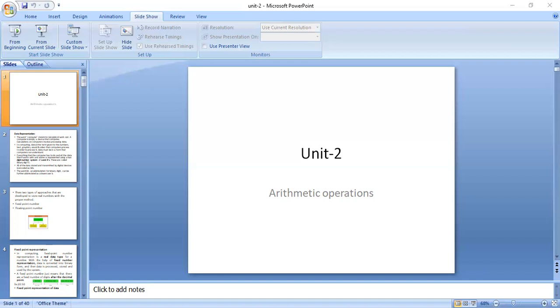Here the multiplicand value is 1 0 0 0 and the multiplier value is 1 0 0 1. See the multiplication process. First the multiplier is multiplied with the multiplicand.